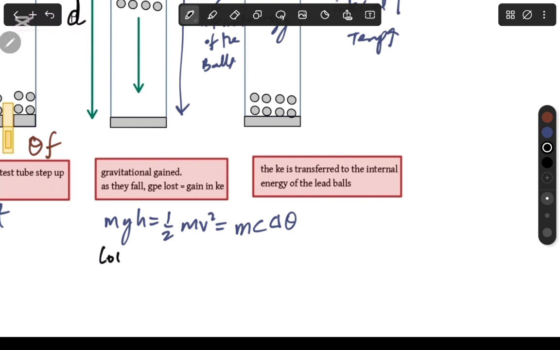So the GPE that's lost is converted into the KE that's gained, and the KE is then transferred into the energy that is used to increase the temperature. Okay, so I can basically say that this energy goes into this, right?